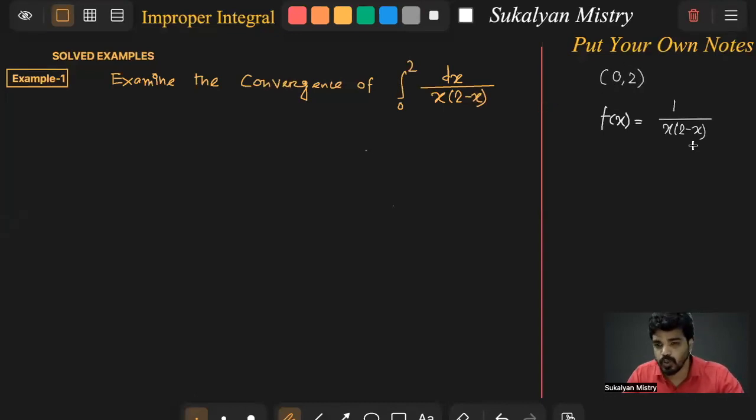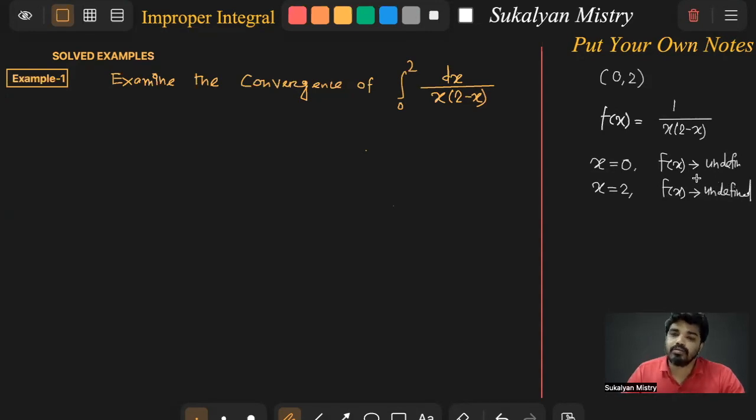Okay. So if we put x is equal to 0, f(x) is undefined, right? And if we put x is equal to 2, then f(x) is 1 by 0, that's undefined. So the function f(x) is unbounded.